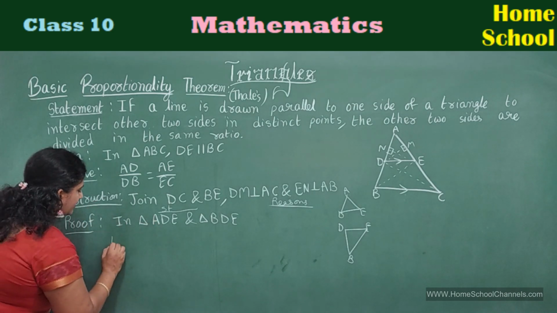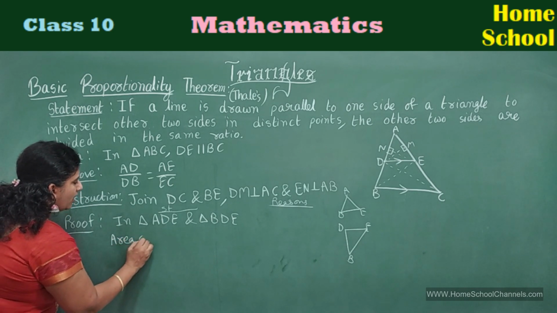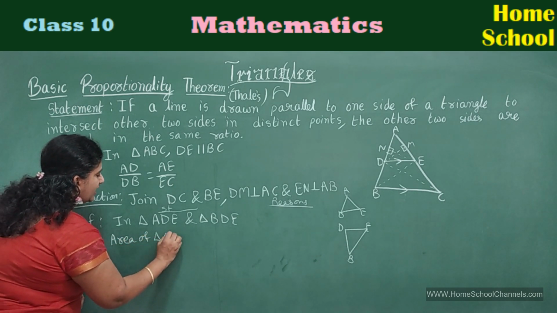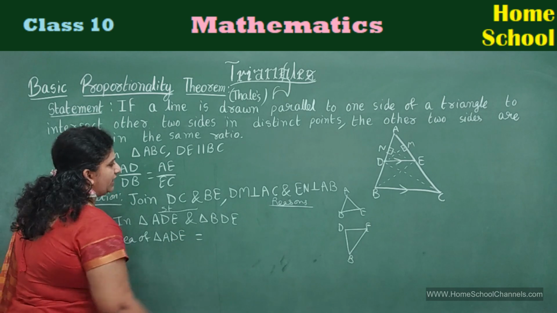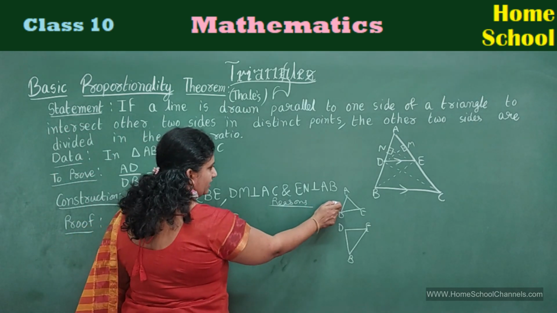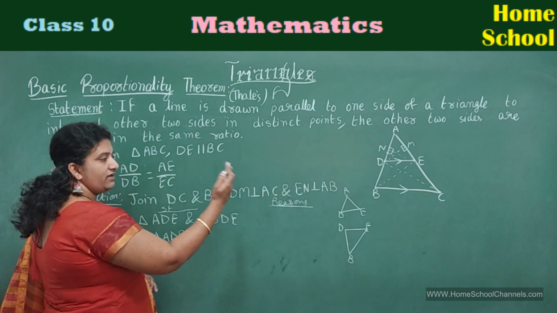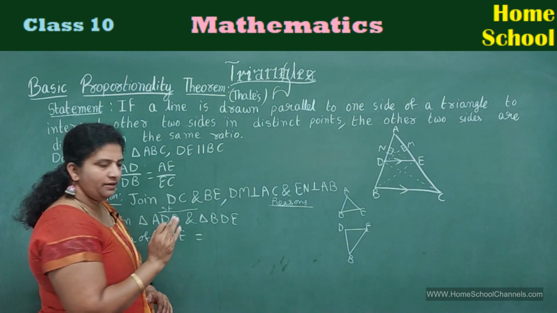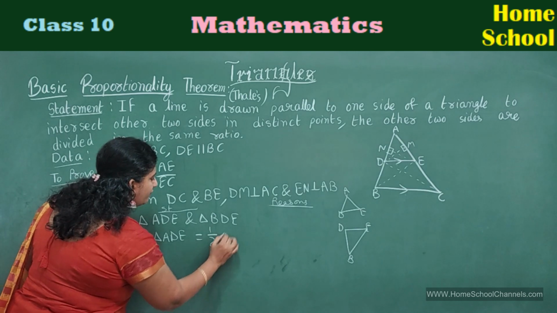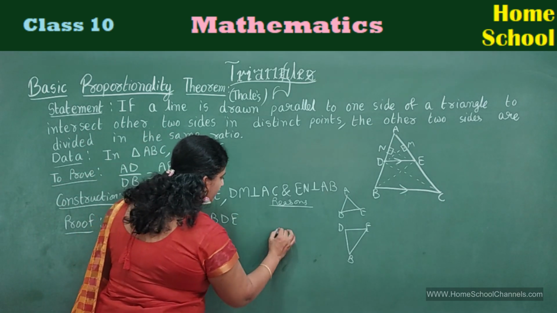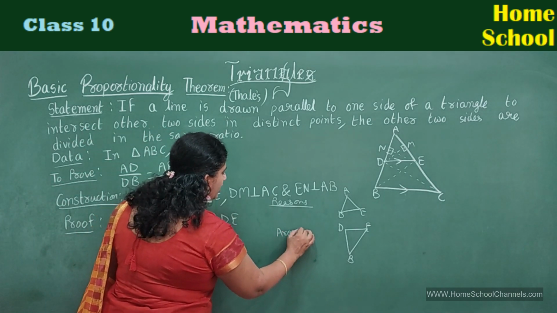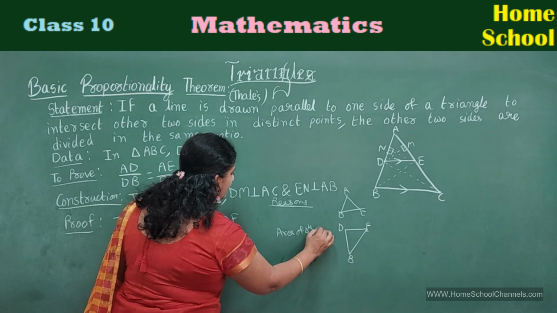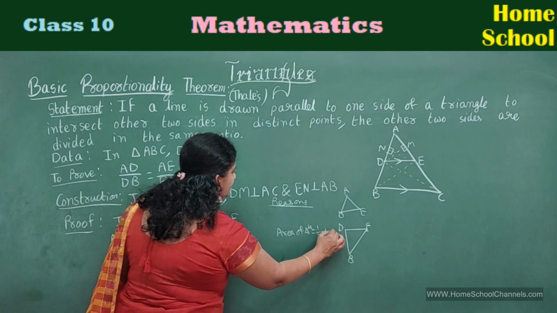I'll find the area for this. Area of triangle ADE is equal to the area of this triangle. So, look at this triangle from this side. Okay. Consider AD as a base. Half into, what is the area of a triangle formula? We know area of a triangle is equal to half into base into height.